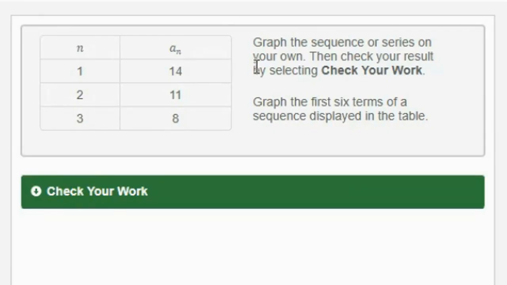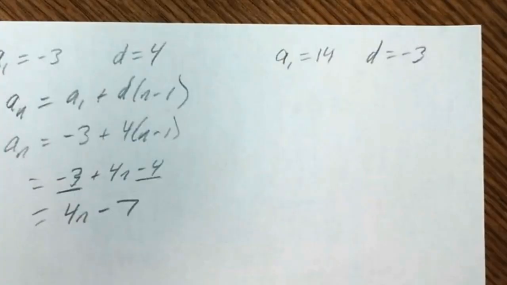Graph the first 6 terms of the sequence displayed in the table. So we have to first figure out what this is. First term, second term, third term: 14, 11, 8. So obviously this is arithmetic where the first term is 14 and the common difference must be -3. It's going down 3 each time. I'll help you with this part on the first one.